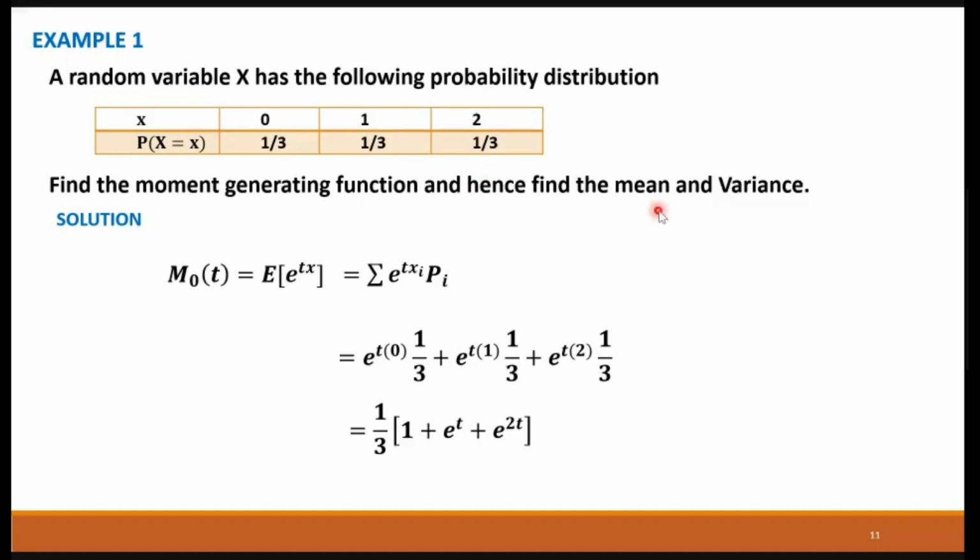Now what do we have to find? The mean. So which moment gives you the mean? Where do we get the mean? Does either the central moment or the raw moment give you the mean?